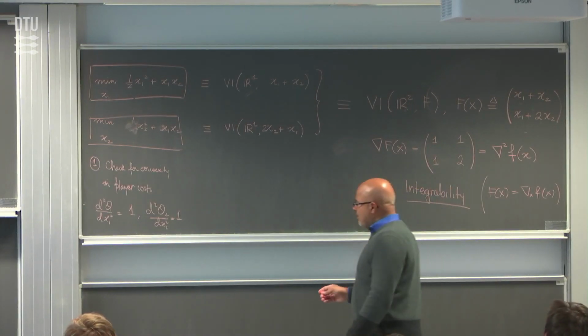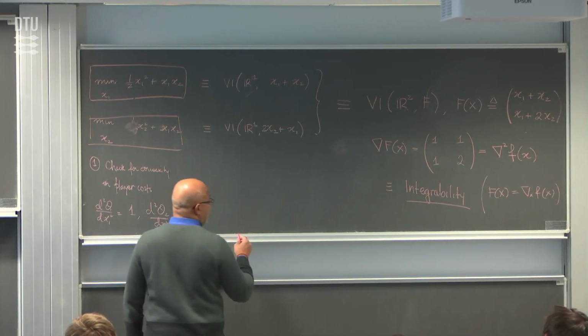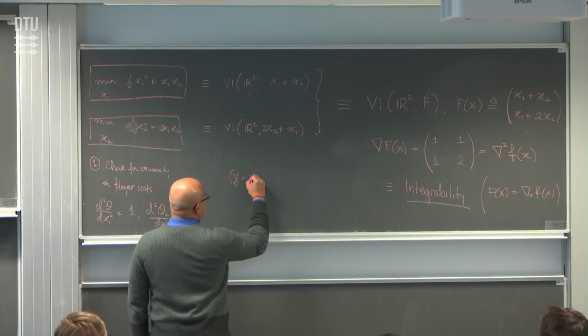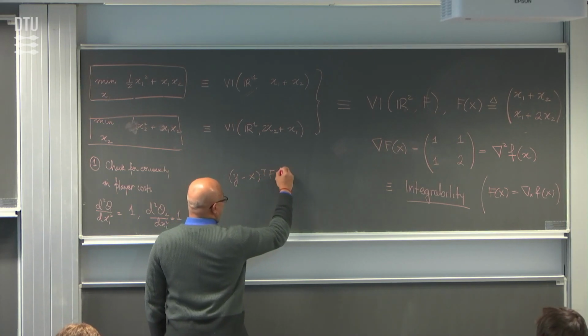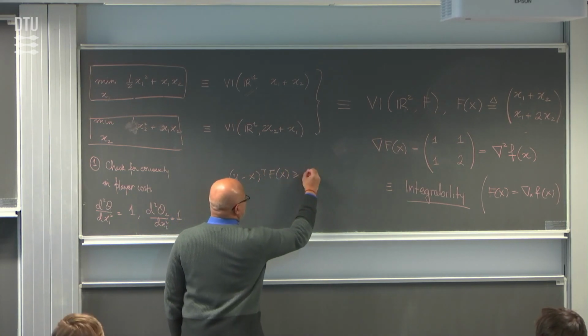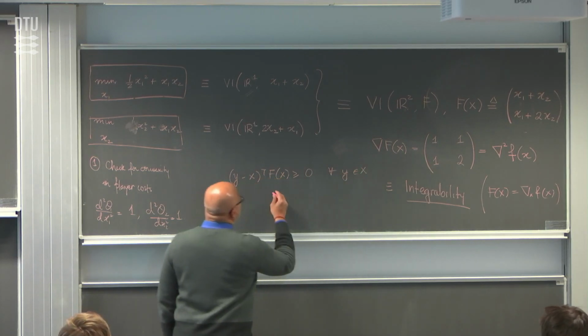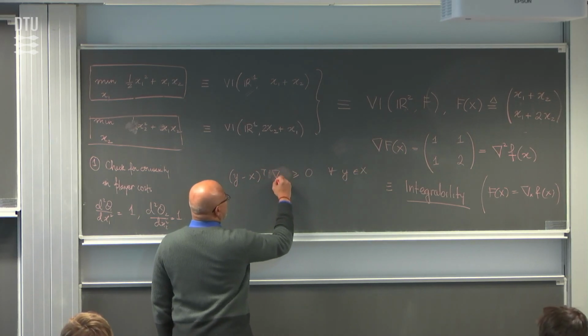And how does that help you? The reason it helps you is, remember our variational inequality problem was y minus x transpose F of x. Well, now you just replace this with the gradient.